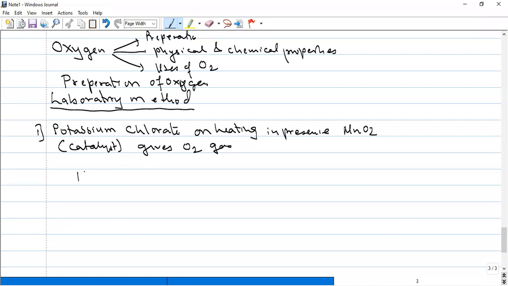Potassium chlorate का formula KClO3. This on heating in presence of MnO2, you get KCl plus oxygen.